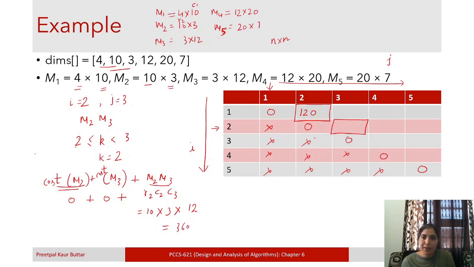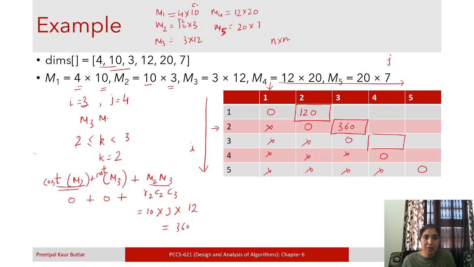Yes, it is 360. Similarly we move here, it is 3 comma 4. So i is 3, j is 4.